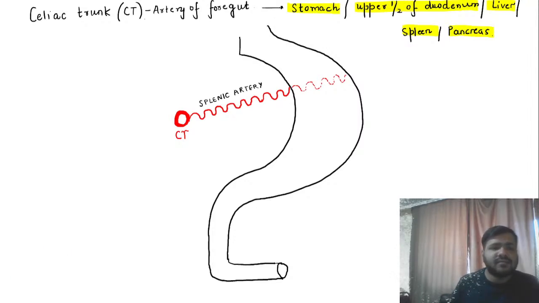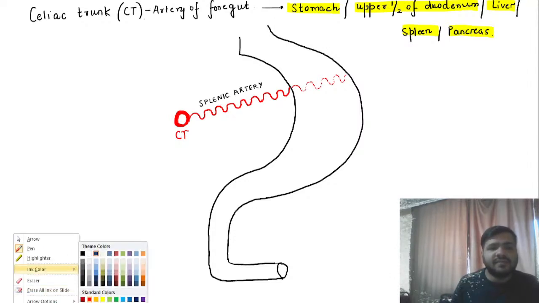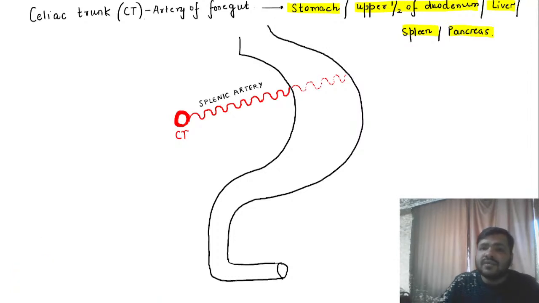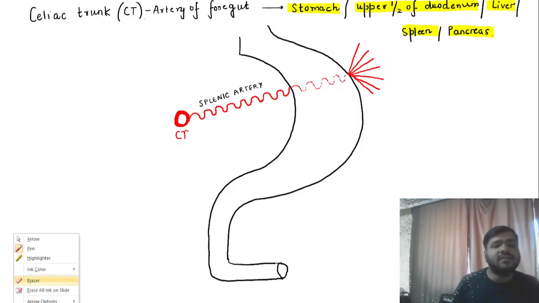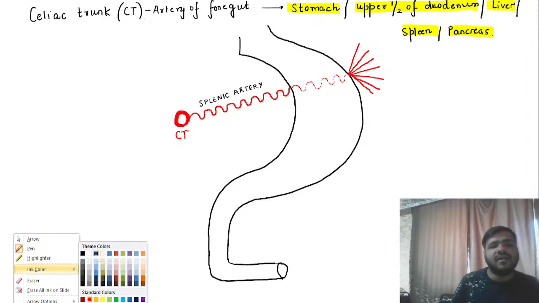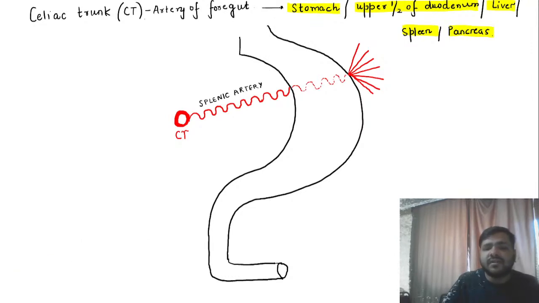When it reaches the spleen, it will divide into 5 to 7 branches, and these are called the hilar branches. Remember, they are reaching one organ, and that organ is the spleen.